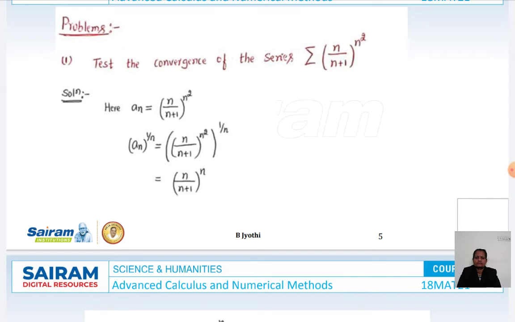That is an to the power of 1 by n is equal to (n by n plus 1) the whole to the power of n square, to the power of 1 by n. Thus cancelling the powers, we get (n divided by n plus 1) to the power of n.